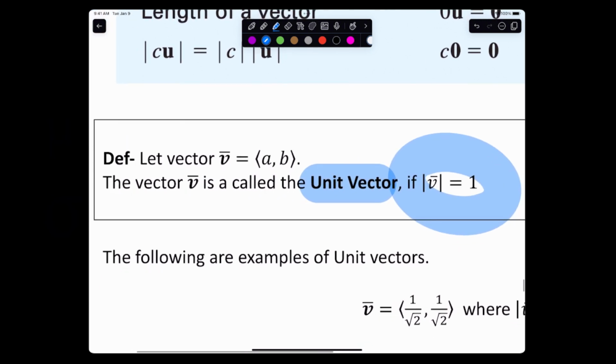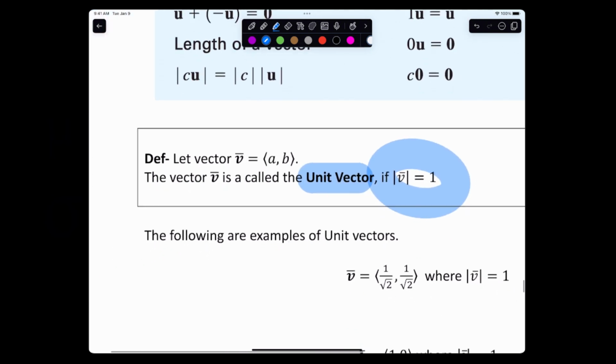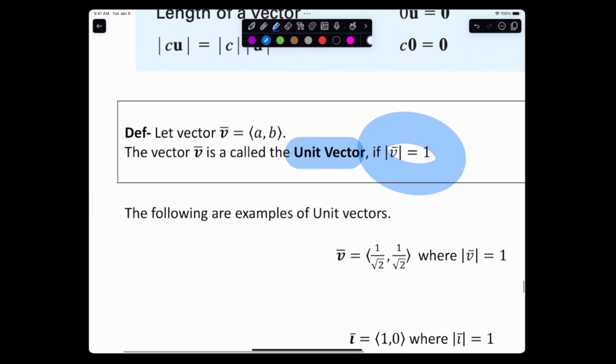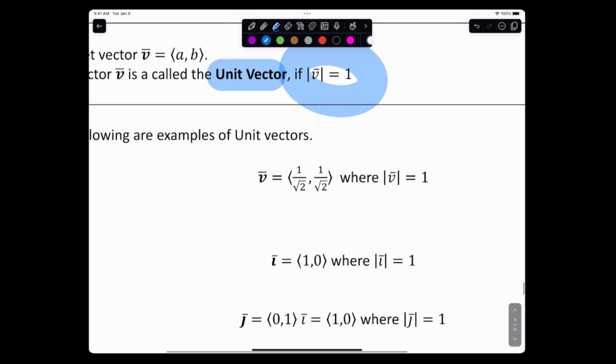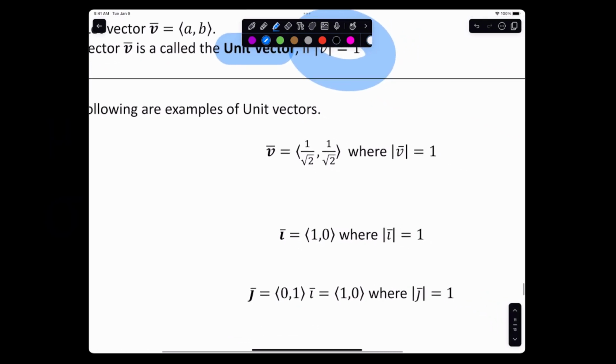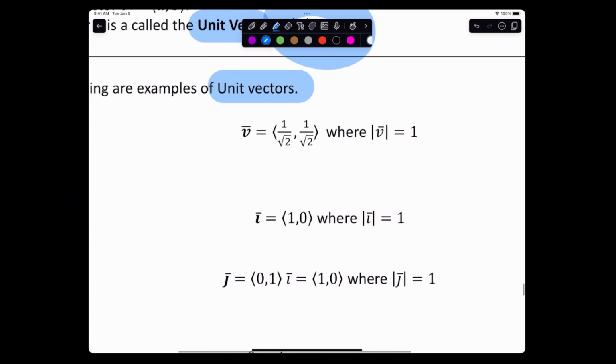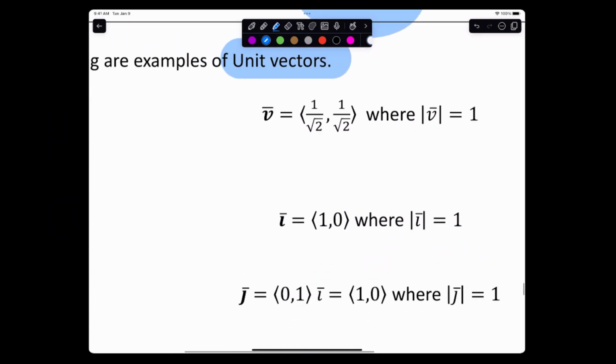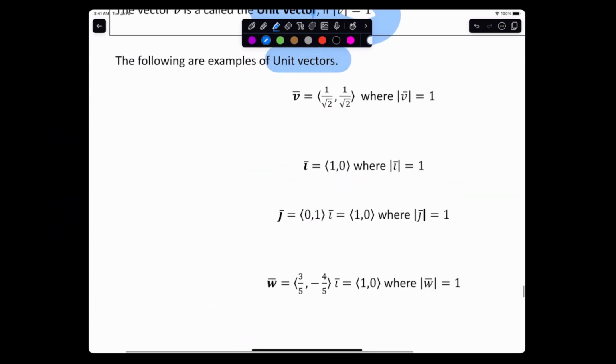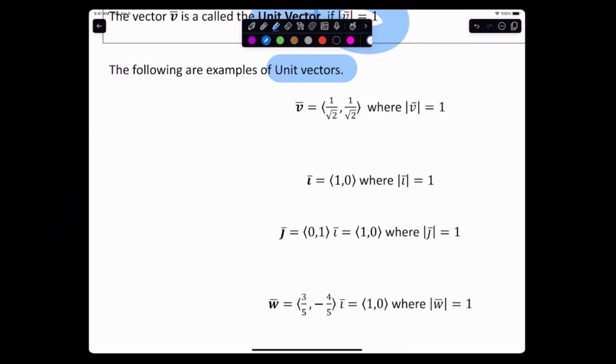These are unit vectors. So if you have a vector whose length is 1, we call it a unit vector. Unit being the number 1. Okay? Definition. Now you say, how do I know? Because I said these are examples of what? Unit vectors. How do we know these are unit vectors? You guys know how we know these are unit vectors? Let me share with you guys.